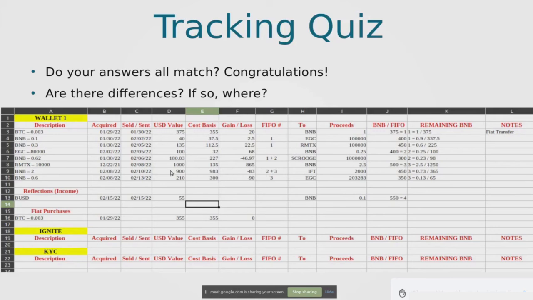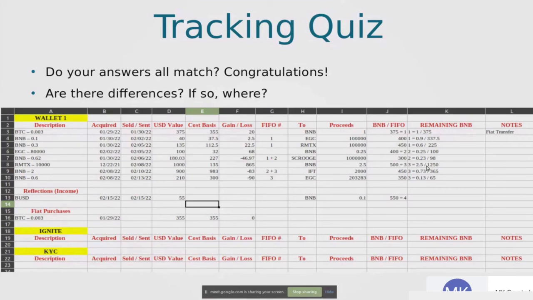So you can take out 1 BNB, which is 500. So you got 500 plus 98, and then multiply 0.77 by 500 and get the remaining amount there. And you have 0.73 left and $365 remaining from that 1250.